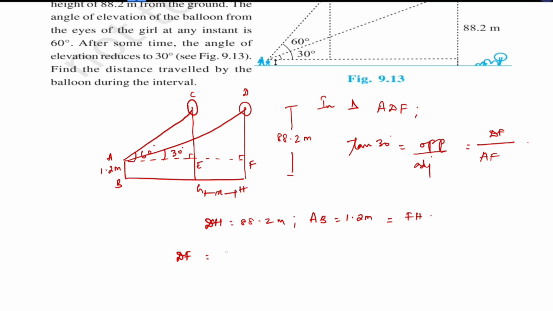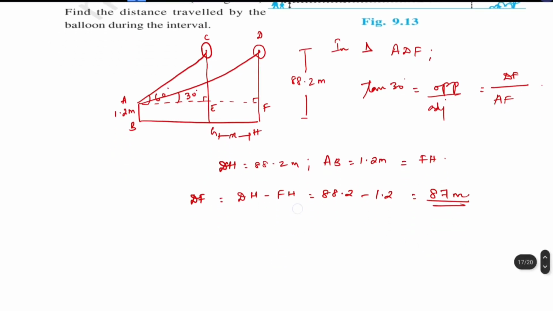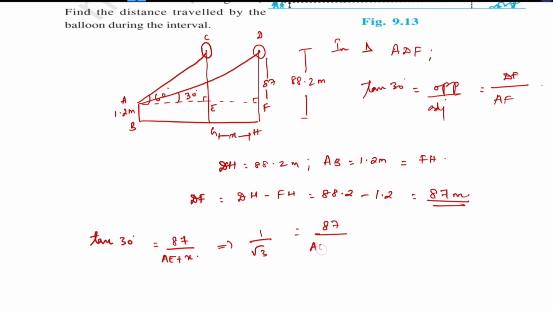Calculating DF, which is DH minus FH, that is 88.2 minus 1.2, which gives us 87 meters. Substituting in tan 30 is equal to DF, that is 87 meters, divided by AF. AF can also be written as AE plus X. Okay, 1 by root 3 is equal to 87 divided by AE plus X. Let this be equation 1.